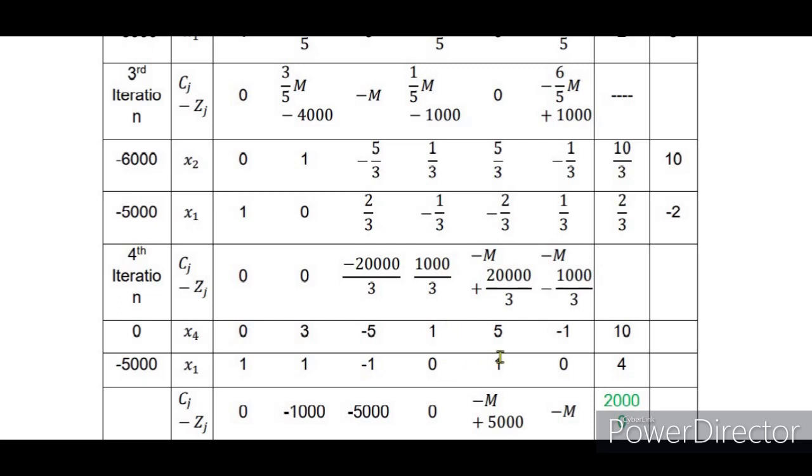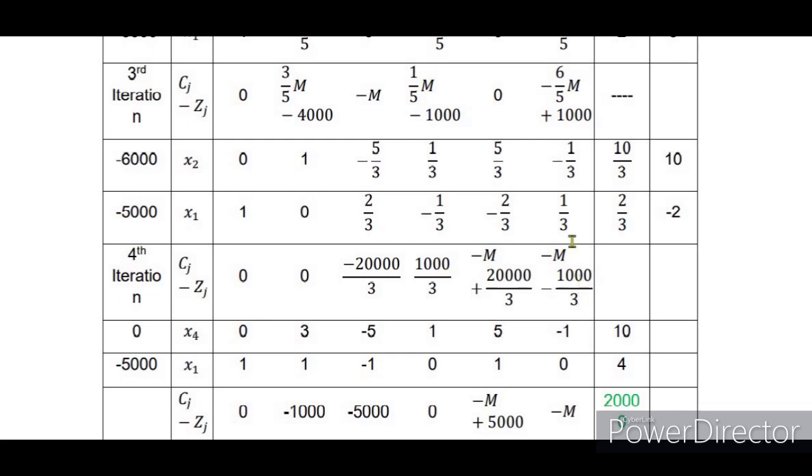Let's go to the a sub 1 column. Next, 5 times negative 1/3 is equal to negative 5/3. So negative 2/3 minus negative 5/3 is equal to positive 1. Next, negative 1 times negative 1/3 is equal to positive 1/3.